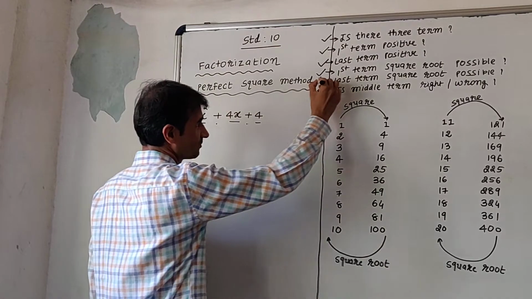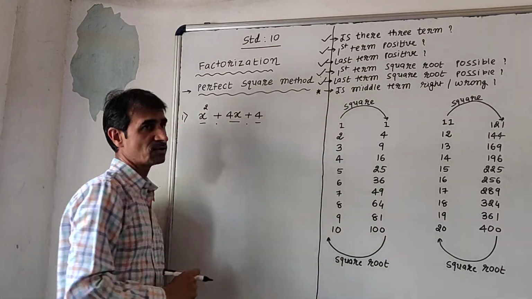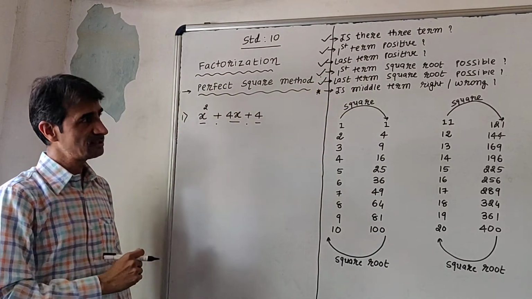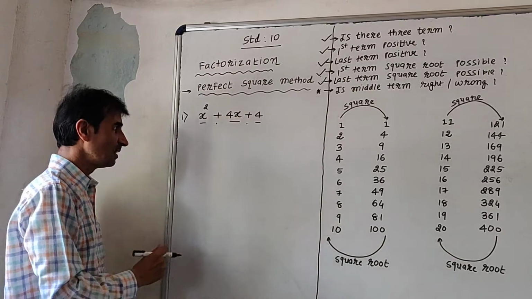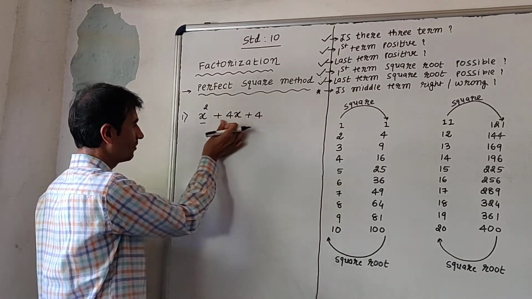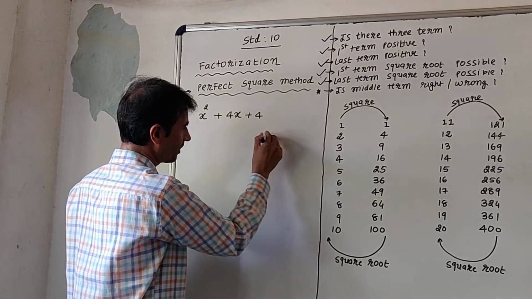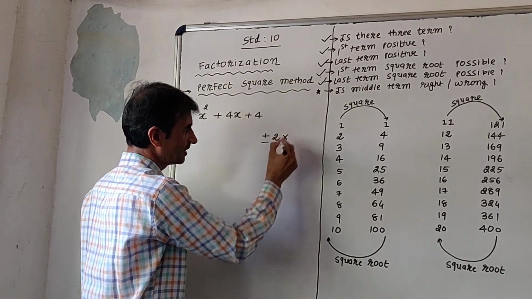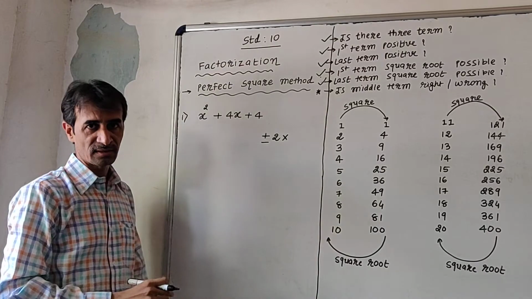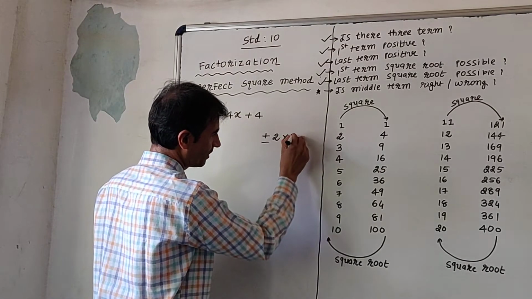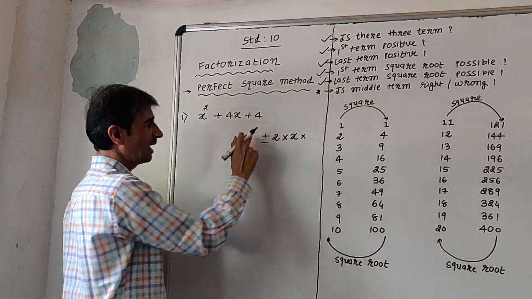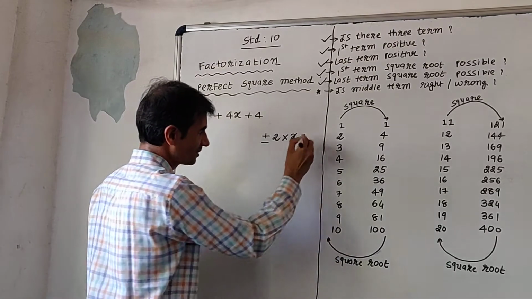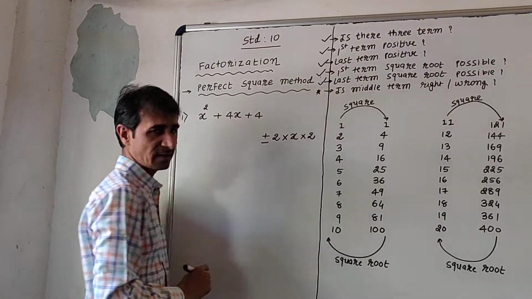Now the next question, and that is a very important question: is the middle term right or wrong? How can we check this? Now I put plus or minus 2 from the pocket and I multiply by this. The first term's square root is x, so again I multiply by x, and the last term's square root is 2, that means we multiply by 2.